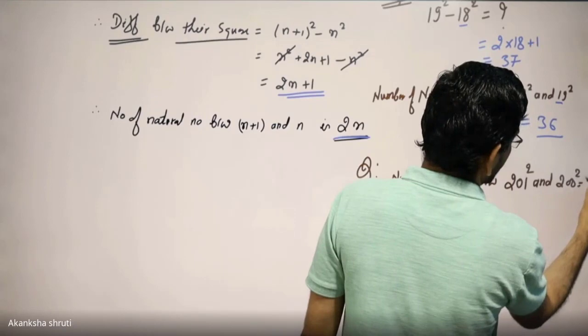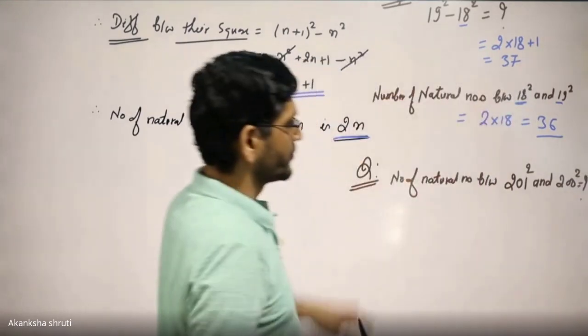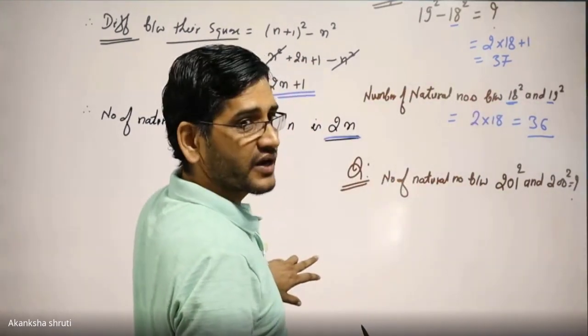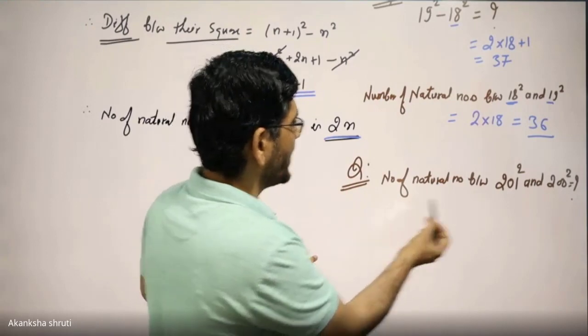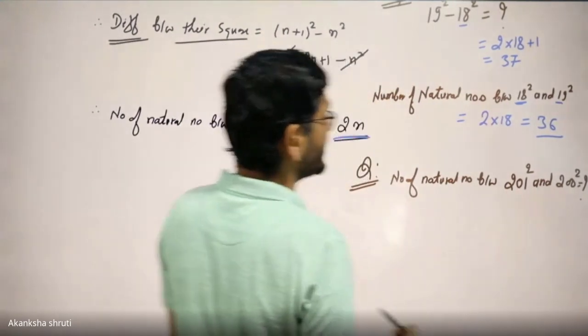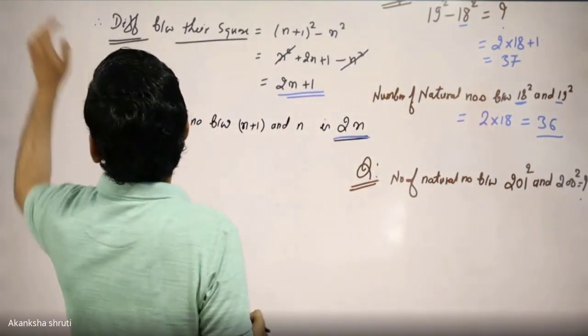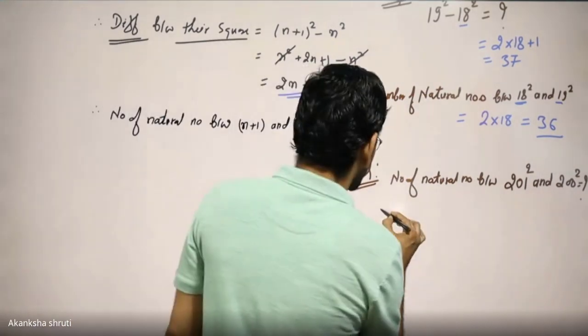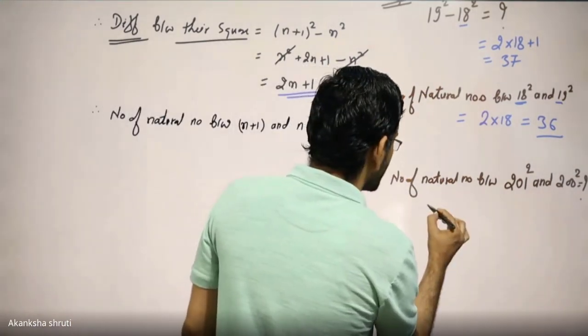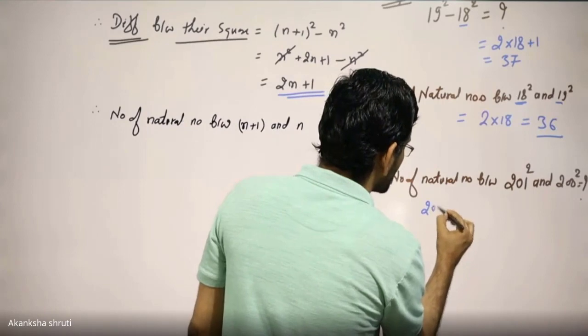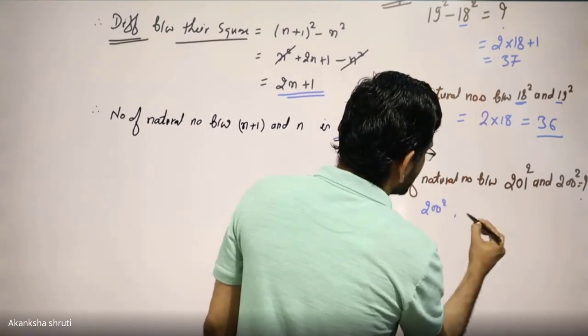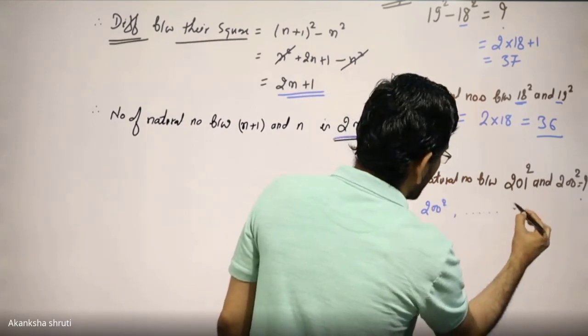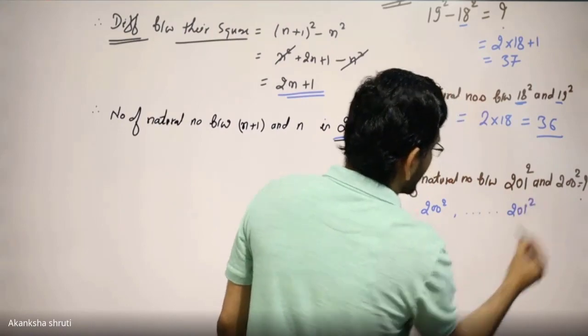Keep in mind, we want to know the number of natural numbers between 200 square and 201 square. So the smaller number is 200 square, and there must be some natural numbers before 201 square.